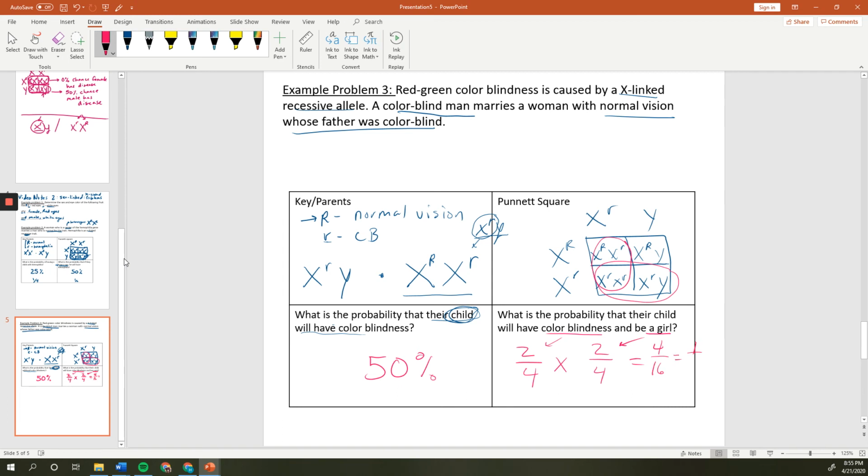Sorry, that's just 1/4, or 25%, right? And that makes sense because if we look at the Punnett square, we can see that 1 out of 4, or 25%, is colorblind and is a girl. Okay, so that's another way of doing that.